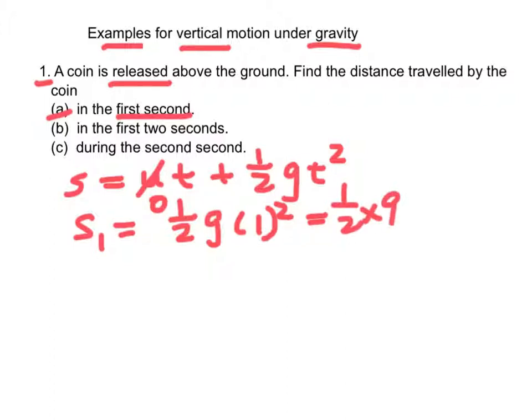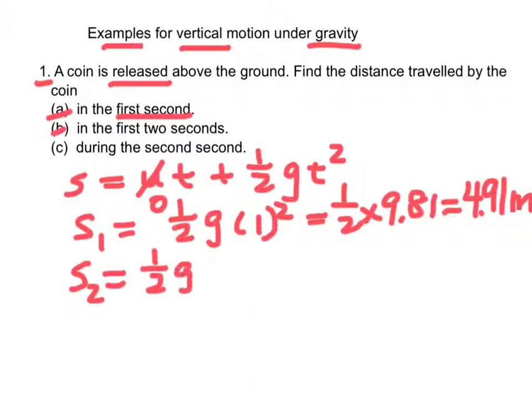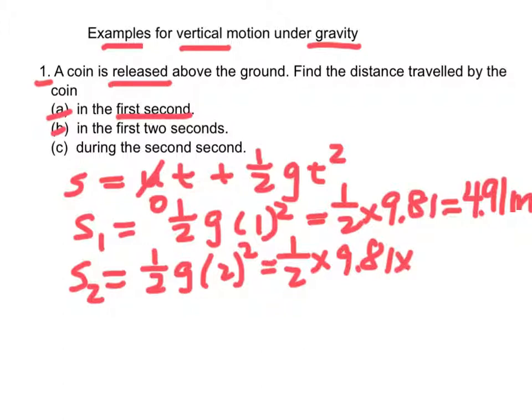times 9.81 equal to 4.91 meter. Part B, in the first 2 seconds, the total displacement S2 equal to half g times square of 2, which is equal to half times 9.81 times 4 equal to 19.6 meter.